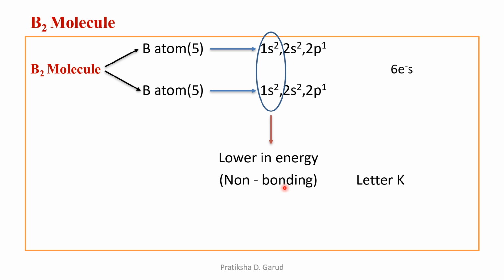So as these are non-bonding, we have to use the letter K while writing the MO electronic configuration of the boron molecule. As there are two 1s atomic orbitals, we have to repeat the letter K. Now why letter K? Because these electrons are present in the first shell, and the first shell is known as the K shell. That's why we have to repeat the letter K.